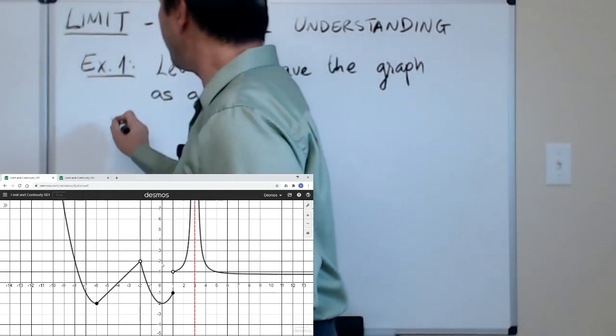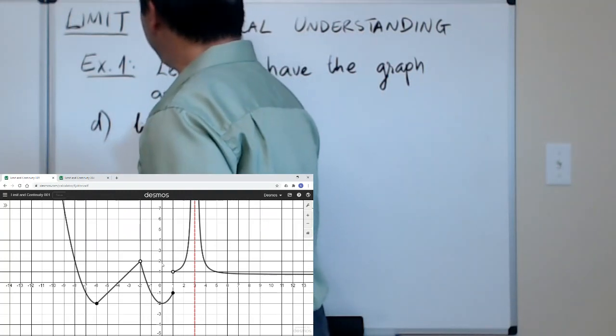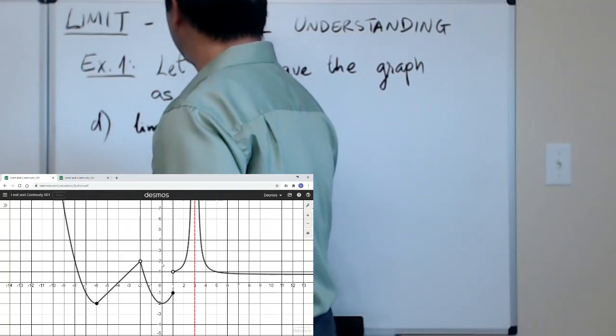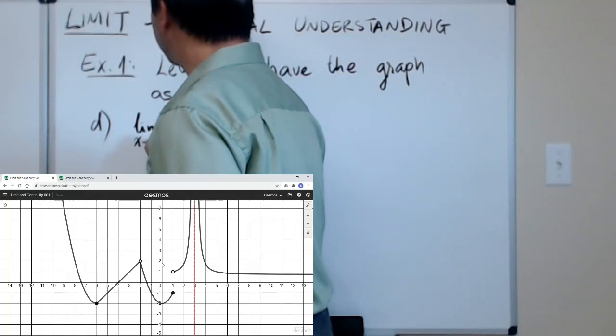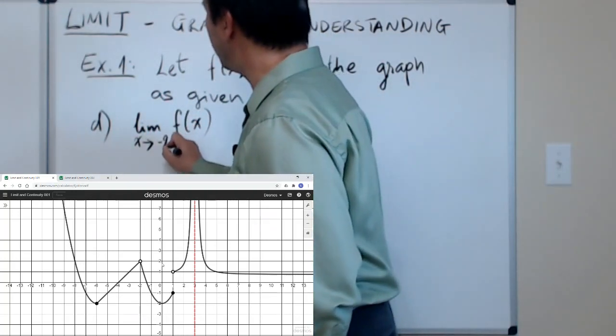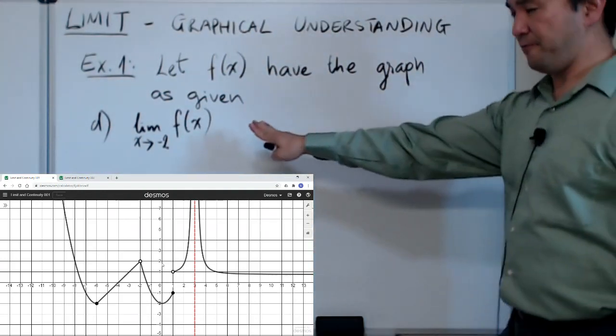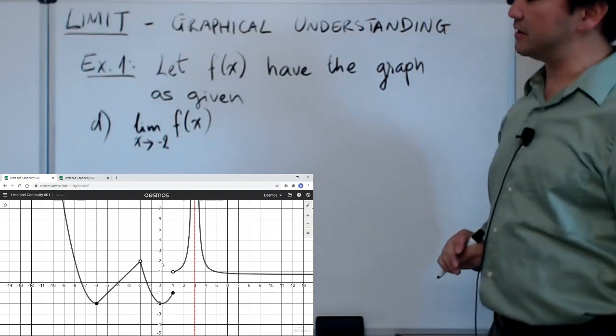How about question D right here? Same function. How about getting close to -2, but generally from both sides? Same function, same graph that you're still currently seeing on screen.